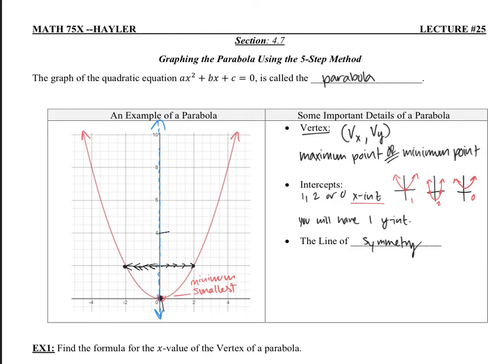There will always exist a point the same number of spaces away on either side of the line of symmetry. That's the cool thing about the line of symmetry. If I found this point here, I know another point will exist directly across the line of symmetry, the same number of spaces away.